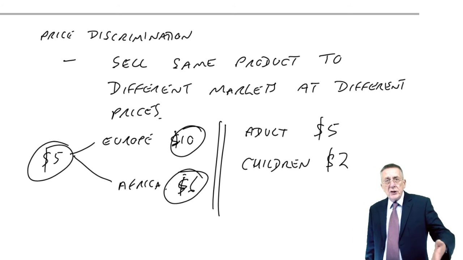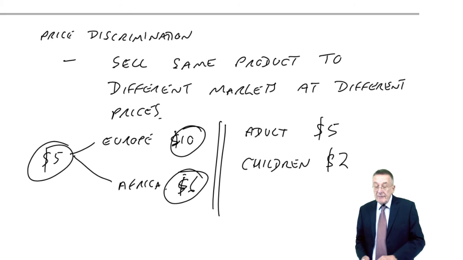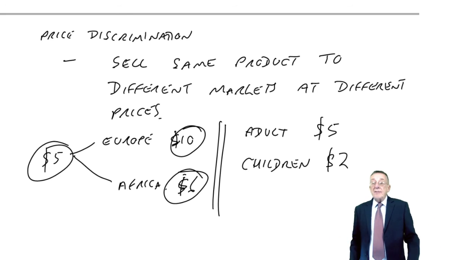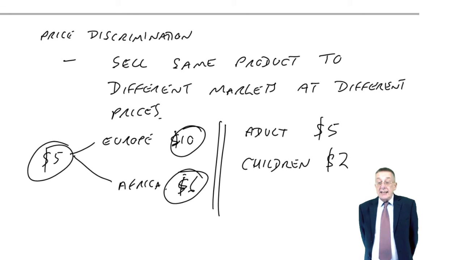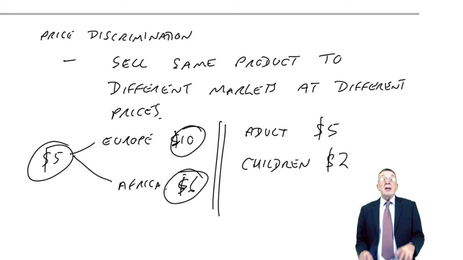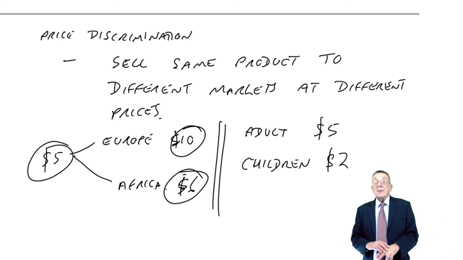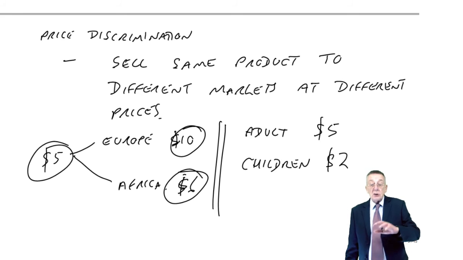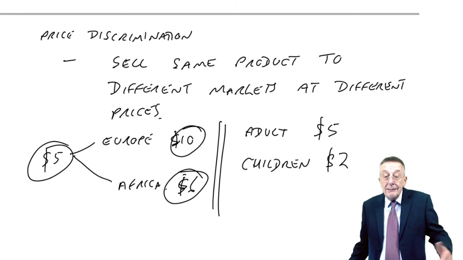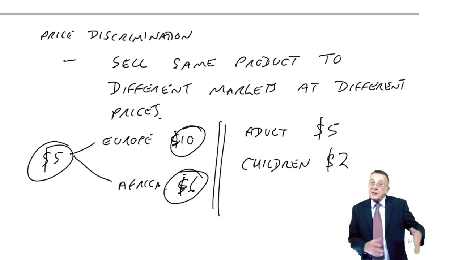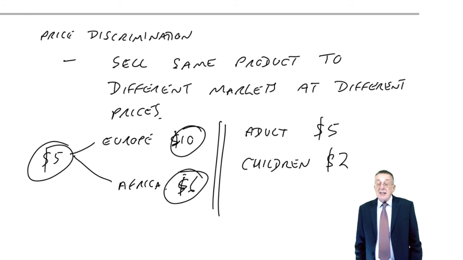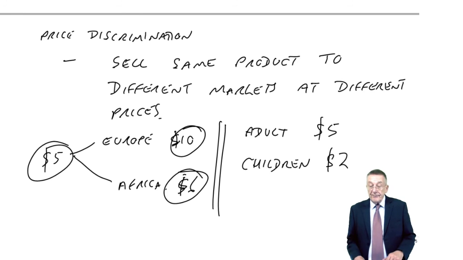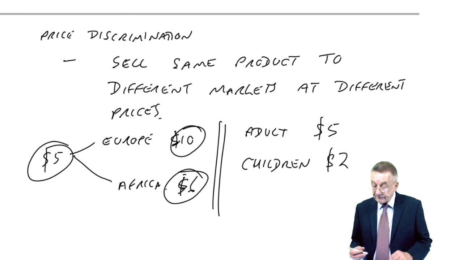If they can afford to pay 5, we'll charge 5. We'll invent a rule. We'll say, right, if you're under 15, you only pay 2. And that way, they can hopefully fill the bus. Adults can afford 5 and pay 5. Children can only afford 2 and pay 2. It's better to have a full bus than some seats empty. So exactly the same idea, same product, sold at different prices.